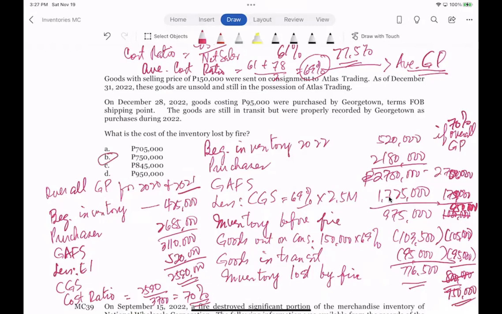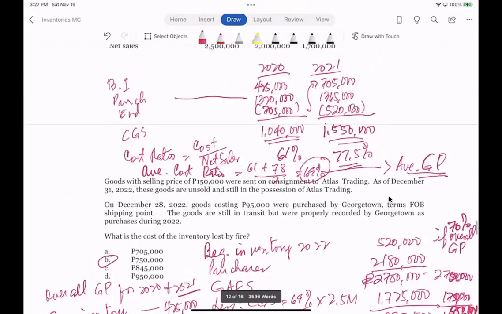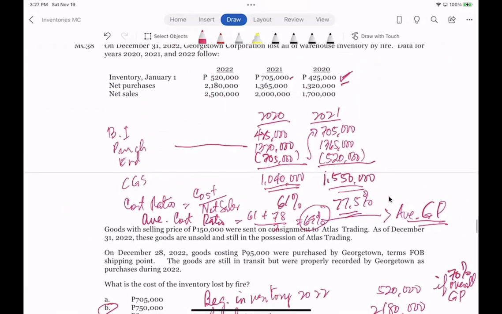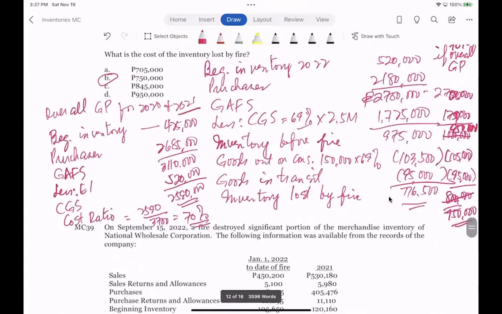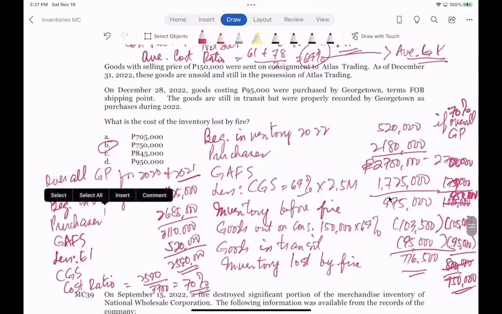That means therefore, I made an error here at 2,700,000. Okay, so this is it. If there is no indication as to whether you are to use the average gross profit for the last several years, whatever years were given, you may use the average gross profit. If you fail to arrive at the answer based on the multiple choice, then you may use the overall gross profit ratio.